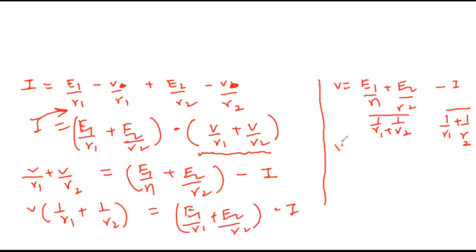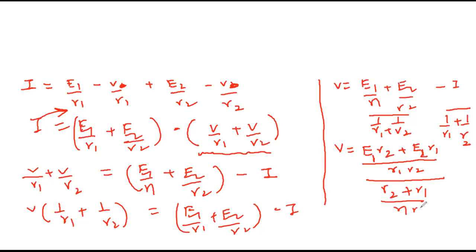So from this we can say V equals E1 R2 plus E1 R1 E2 R1 upon R1 R2. Here also LCM, this will be R2 plus R1 upon R1 R2.